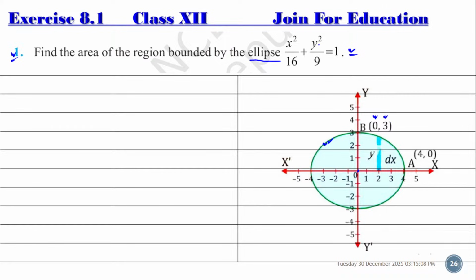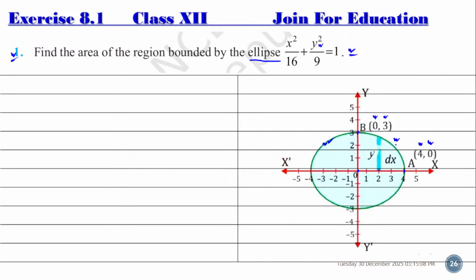When y equal to 0, then x equal to plus minus 4. So A denotes the point (4, 0). There is no problem to understand the coordinates of point A and point B.